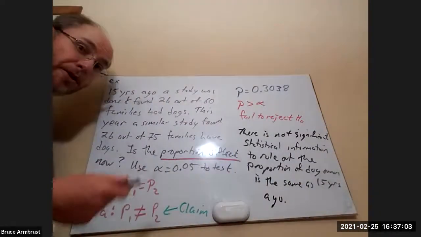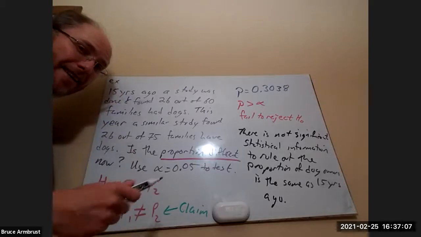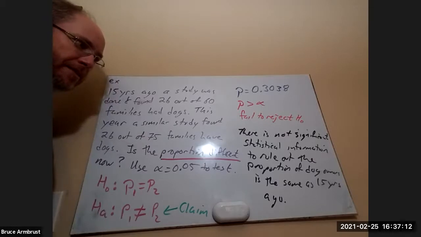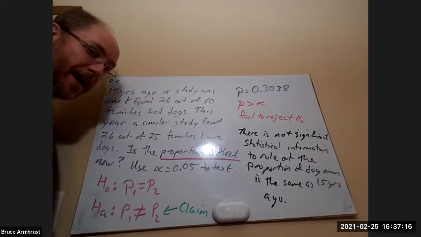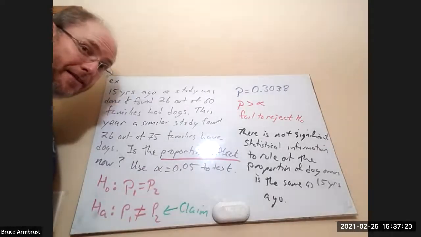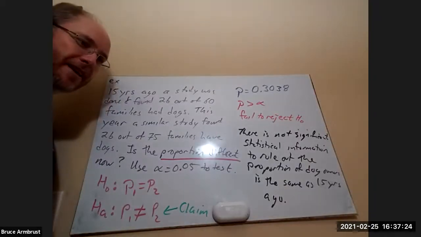So again, look at the wording. I didn't say the proportion is the same as 15 years ago. I said, I don't have enough information to rule out that. I used this phrase last time.